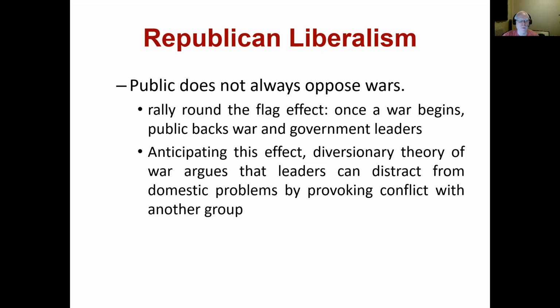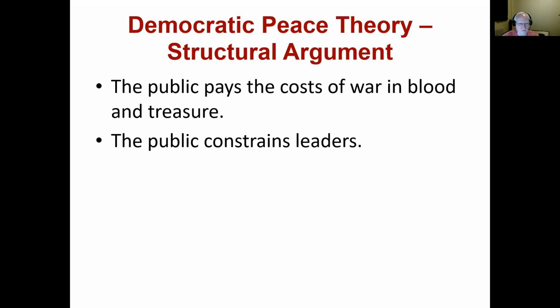So based on the public rally around the flag effect, you could develop the diversionary theory of war, which uses Republican liberal ideas about how the structure of institutions influences foreign policy.